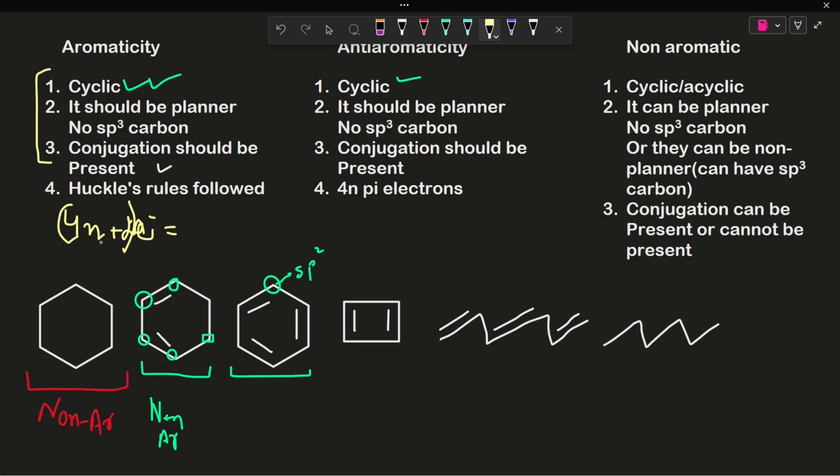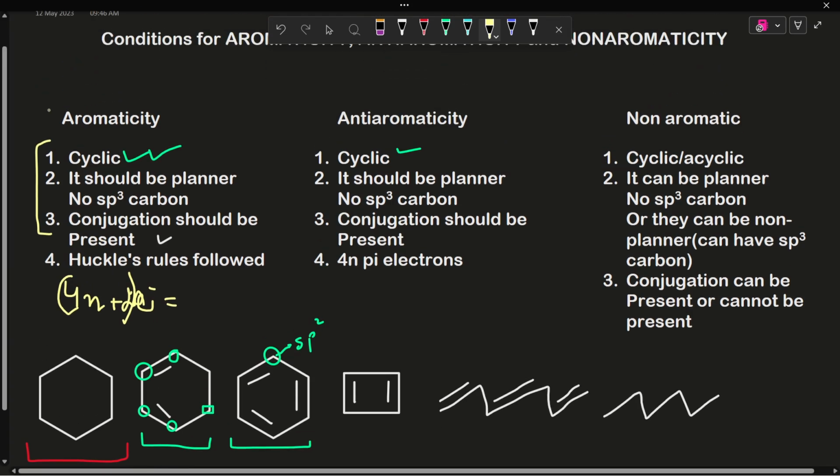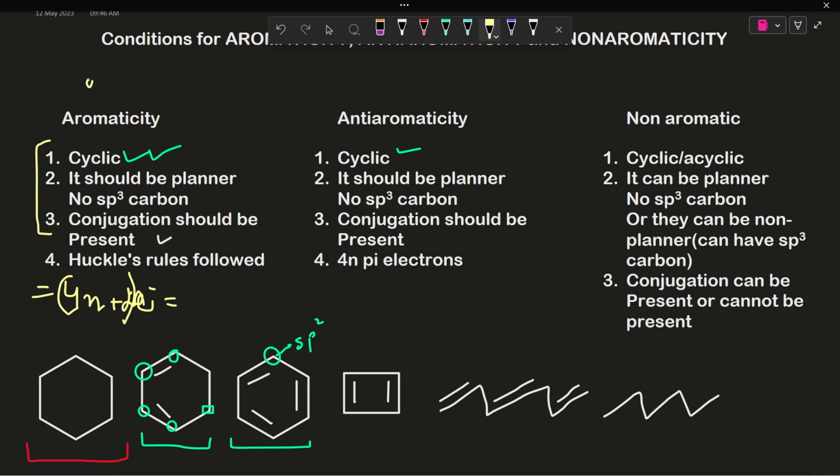What is 4n plus 2 pi? For example, if n is equal to 0, the number of pi electrons comes out to be 2. If n is 1, it comes out to be 6. If n is 2, it comes out to be 10. If n is 3, it comes out to be 14.